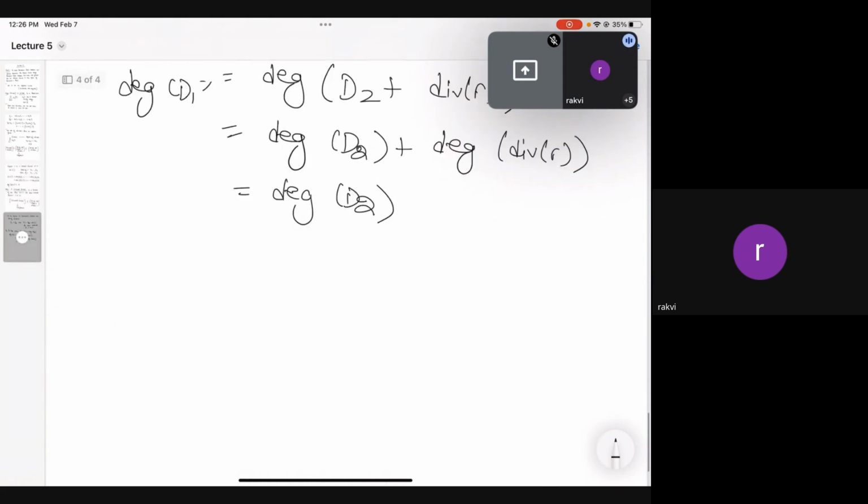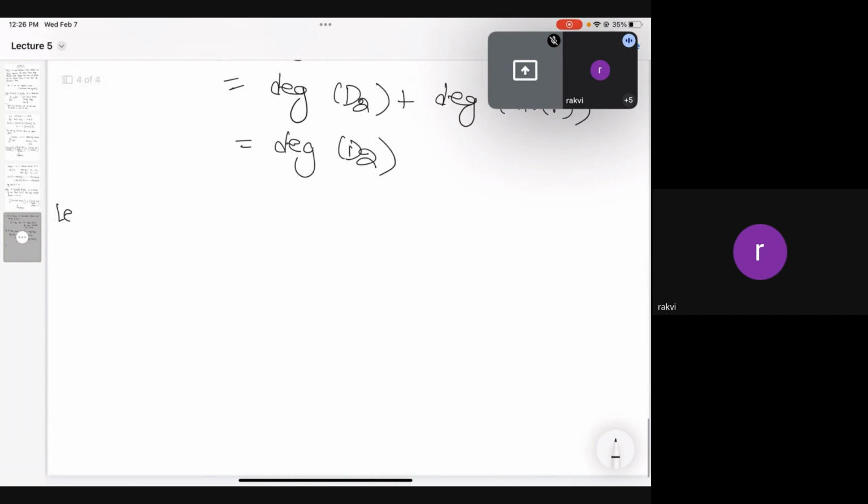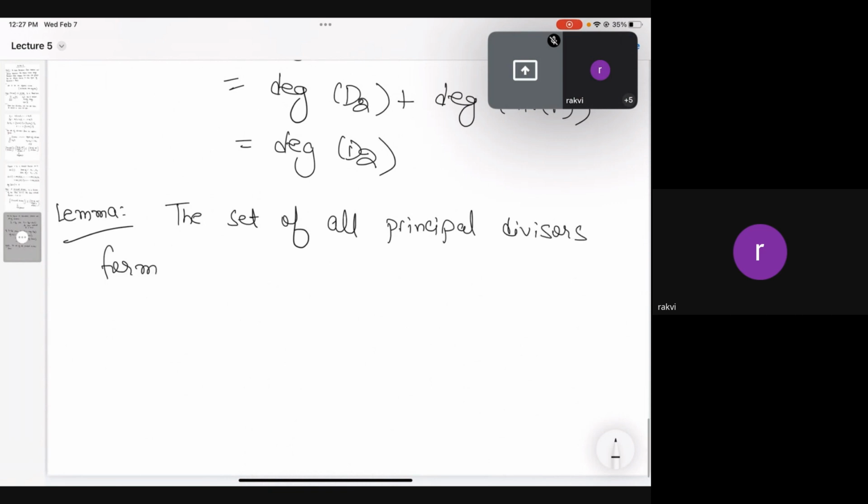Right. So what I was saying was, the set of all principal divisors forms a subgroup of the set of all degree 0 divisors.